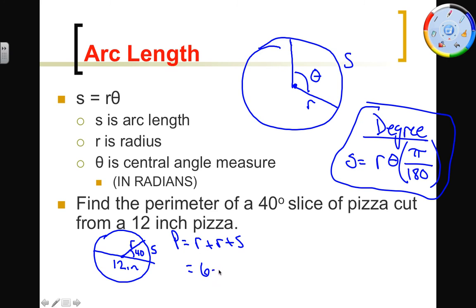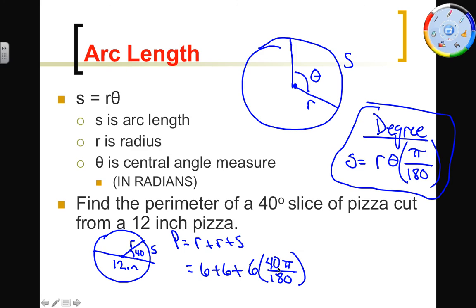Well, R is 6, and S, this is degrees, by the way, so we need to actually use this one, the arc length formula. S is arc length, so S is equal to my radius times 40 pi over 180.